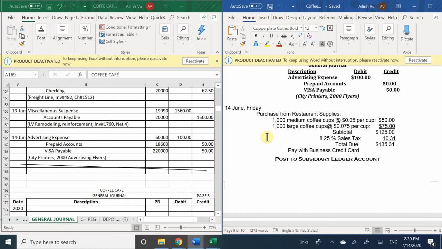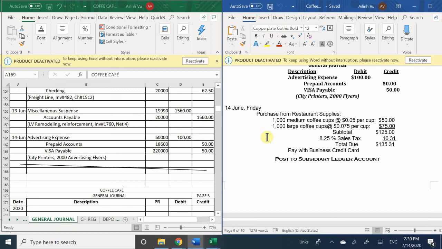Here we bought 1,000 medium coffee cups for 5 cents each, giving us a grand total of $50. Then we also purchased 1,000 large coffee cups for 7.5 cents each cup, which gives us a total of $75, right?